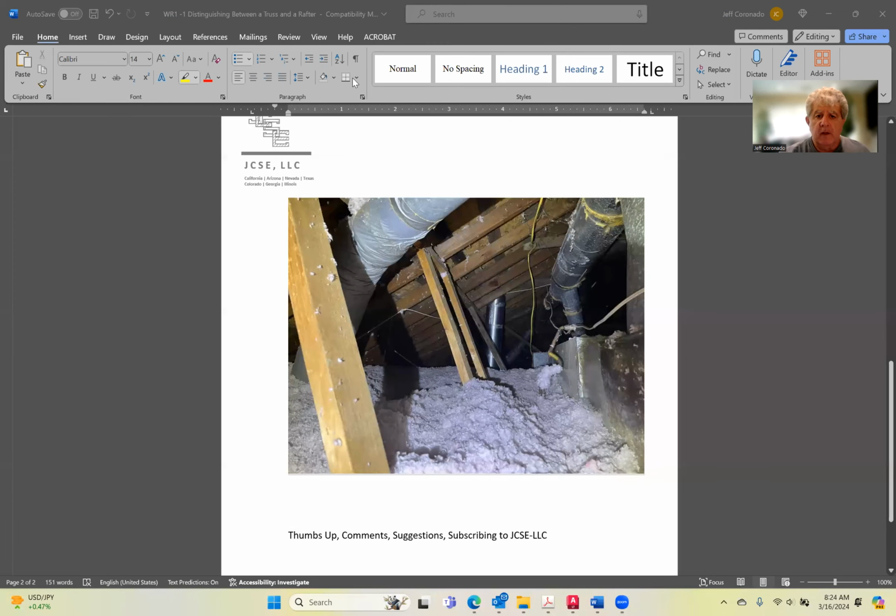Well, the first thing that is pretty apparent is we have rafters here. Okay, there is a rafter. Can we agree on that? Right, we've got rafters.